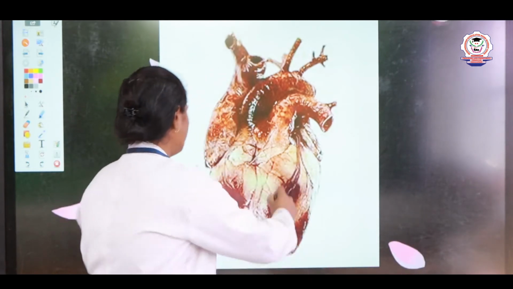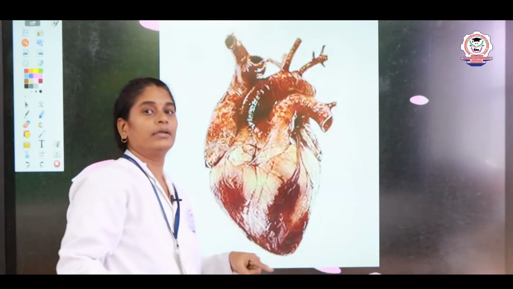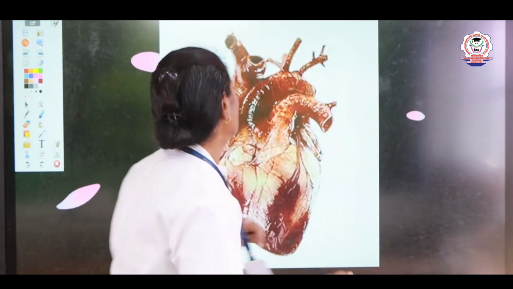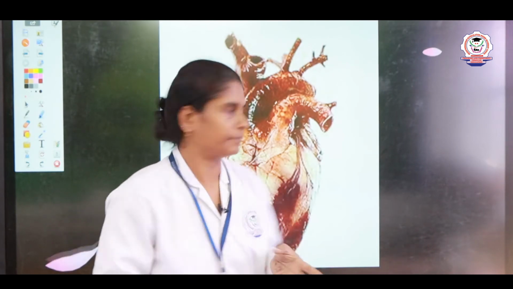Between the heart and the pericardium there is some space. This space is filled with a fluid known as pericardial fluid. Now in this session you are going to have a slight introduction about the heart and what the cardiac cycle is.